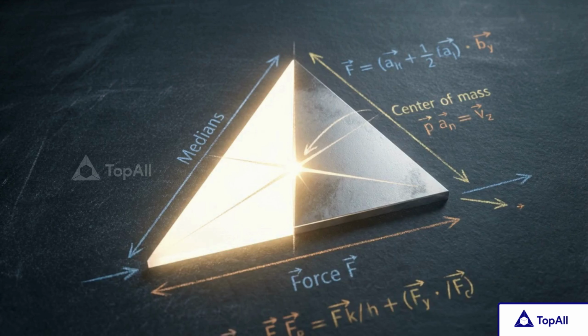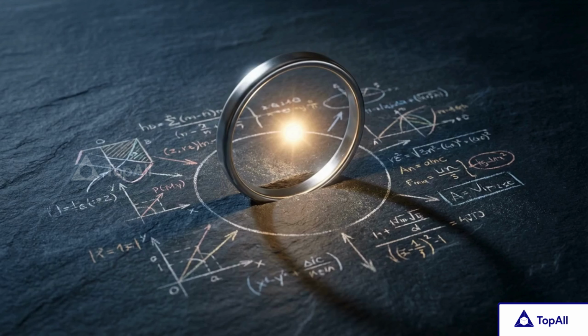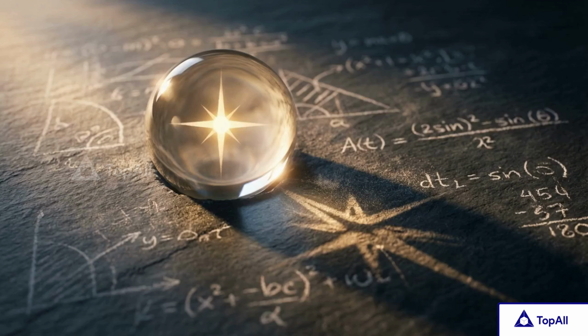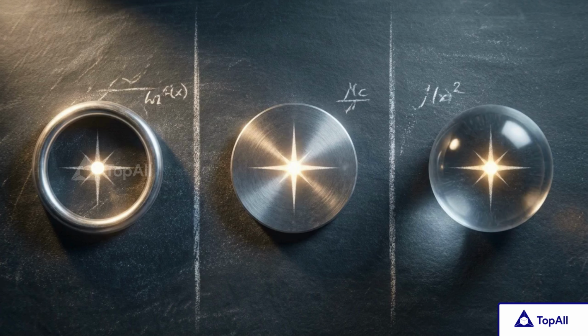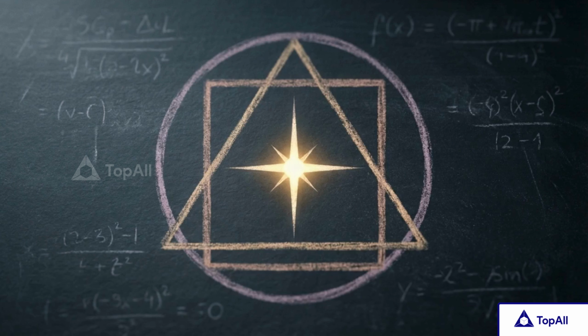The reflection symmetry along these medians dictates that the center of mass must lie exactly on their point of concurrence. This rule applies to homogeneous rings, to solid disks, and uniform spheres. Their center of mass will always align with their exact geometric center. For any homogeneous symmetric shape, the mass-weighted mean is simply the geometric centroid.